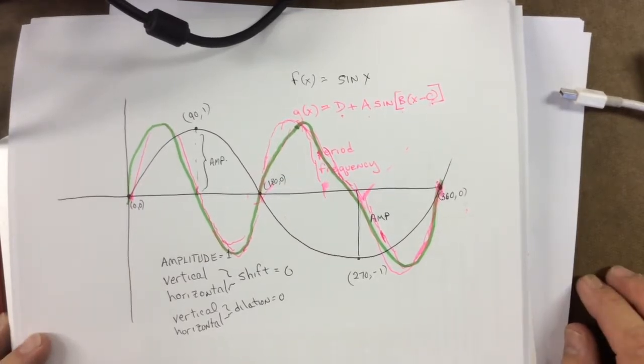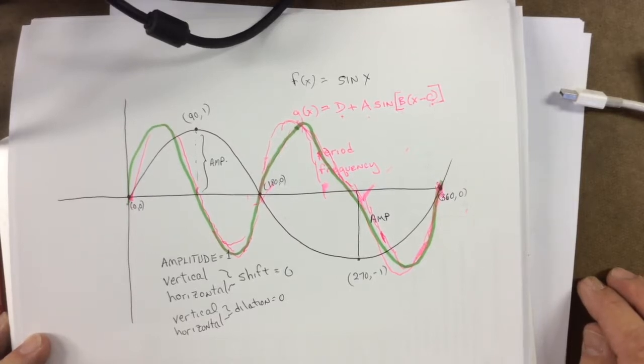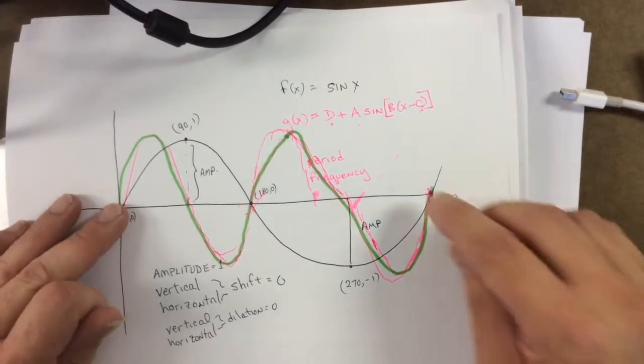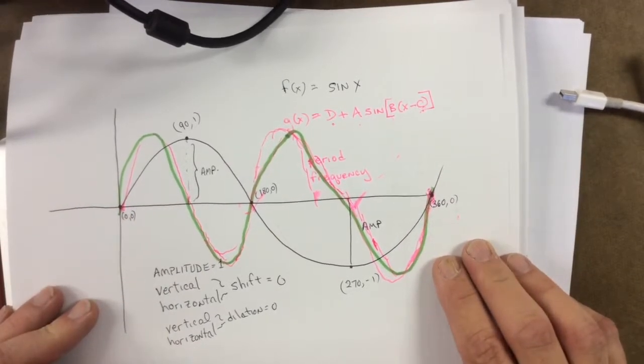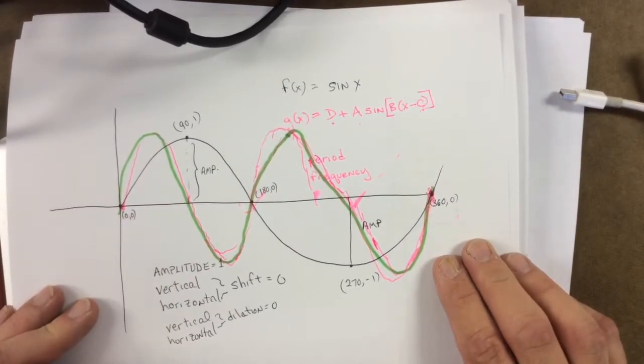Yeah. You compressed it. Right, I compressed it, factor of 1/2. What did that do to the period? Period is 180 now. What did it do in terms of from 360 to 180? It cut the period in half, right? I did a dilation of 1/2. It cut the period into 1/2.